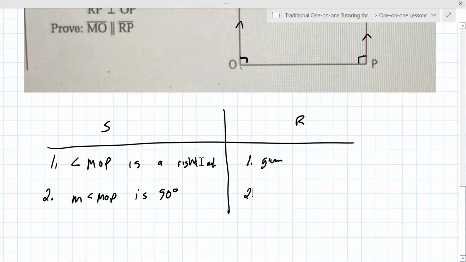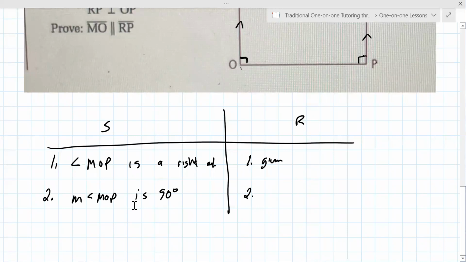I'm sorry, could you repeat that? Well, it's kind of an awkward thing here. You know that a right angle means 90 degrees, but you have to first say that it is a right angle, then say that the measure of the angle is 90 degrees. And it's distinct. You'll see this more often. It's like the two angles are congruent, but then you also have to define what the angles or the sides actually equal.